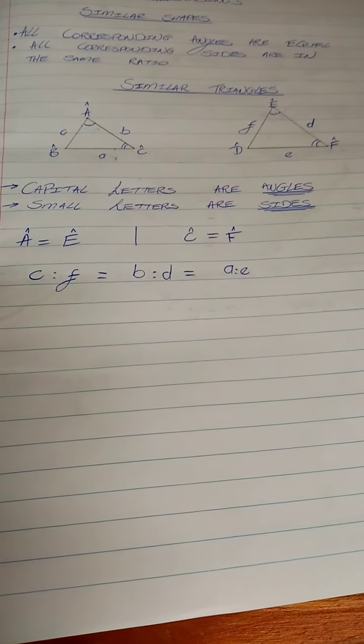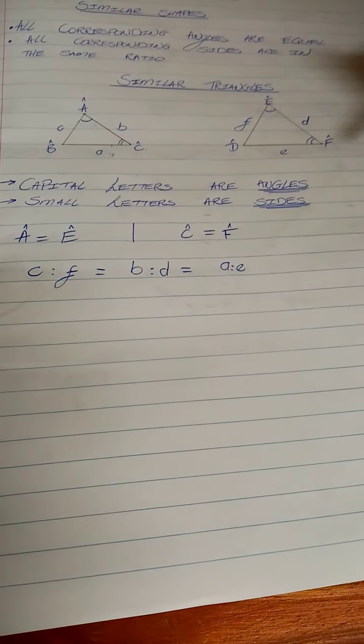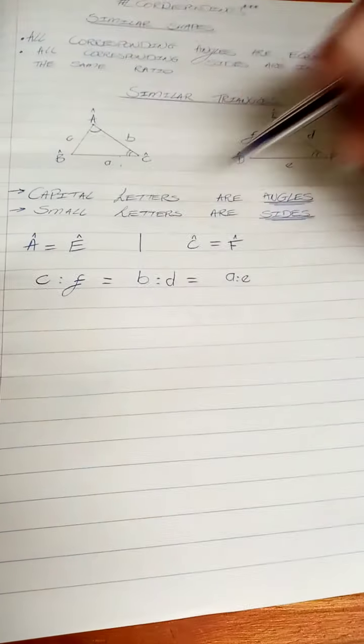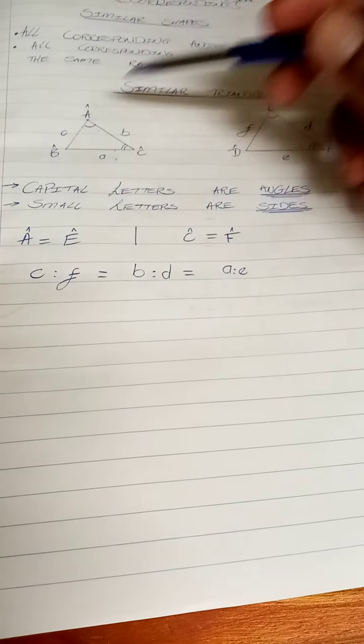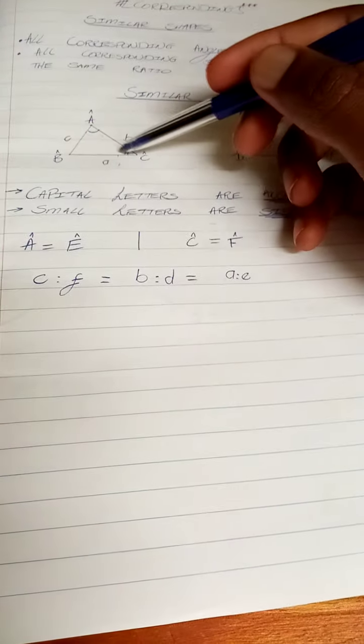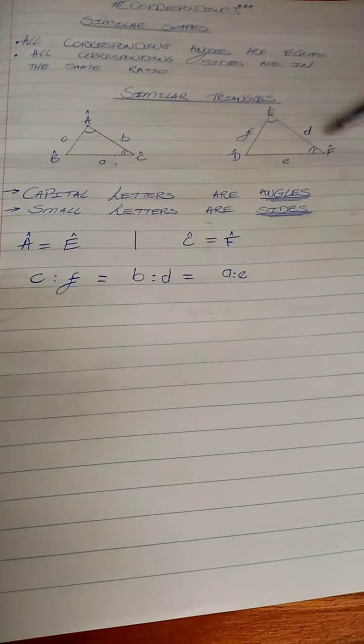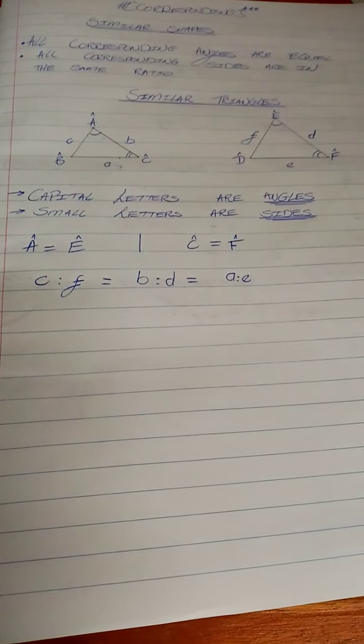Judging by the relationships, how they are, as you can see from this angle right here, which is the same as that angle, to this angle right here, which is the same as that angle, it is the proportions of those sides whereby the angles are the same.